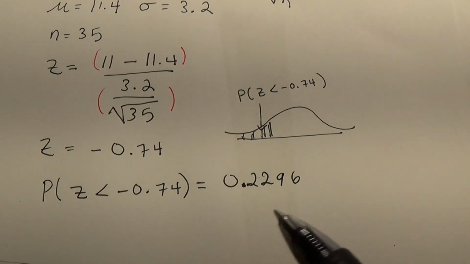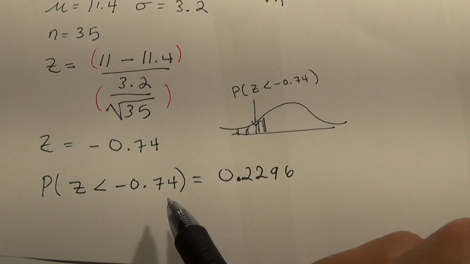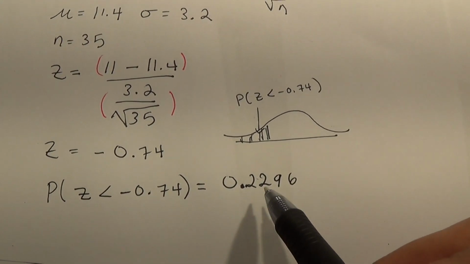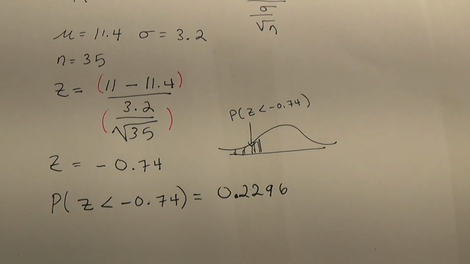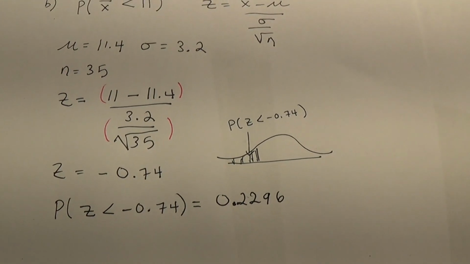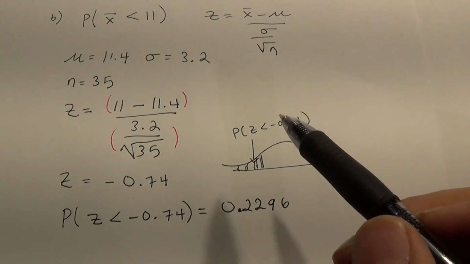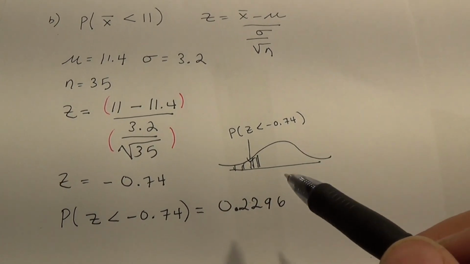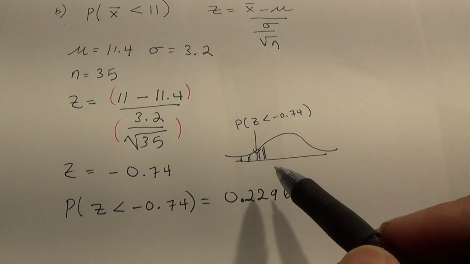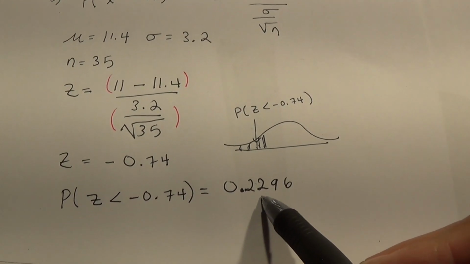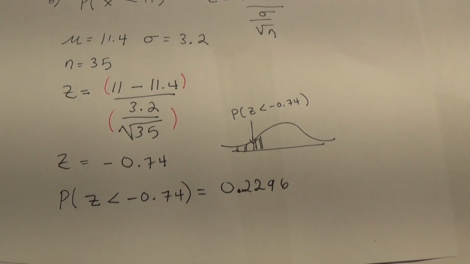So from our Z table, our final solution is 0.2296. So if we select a random sample of 35 oil changes, the probability that the average of those 35 will be less than 11 minutes is about 22.96%.